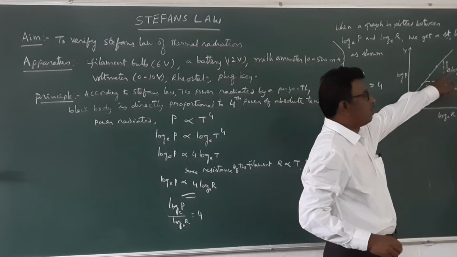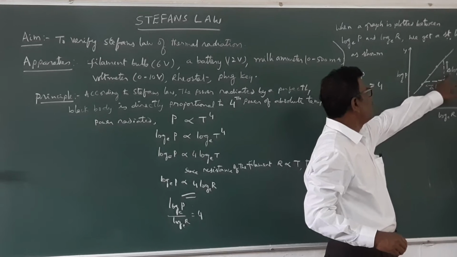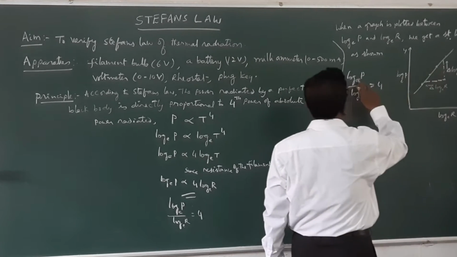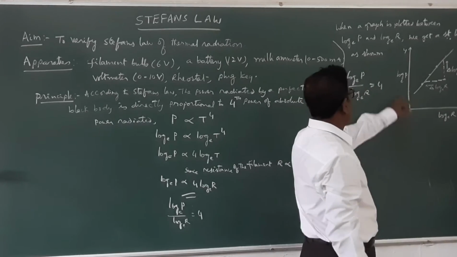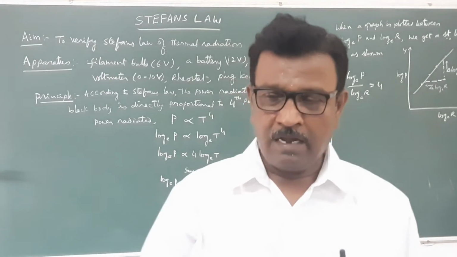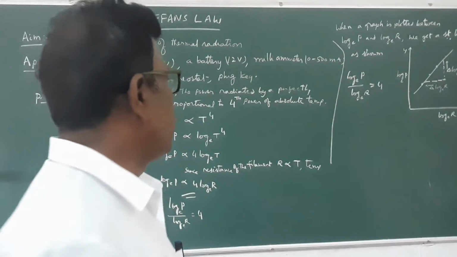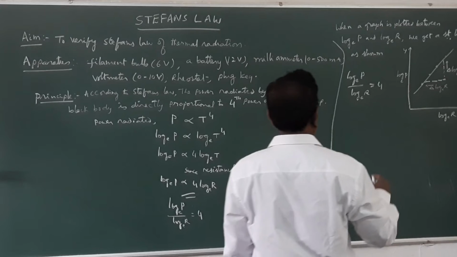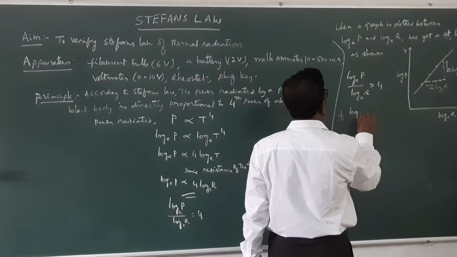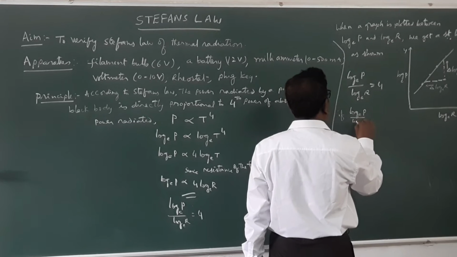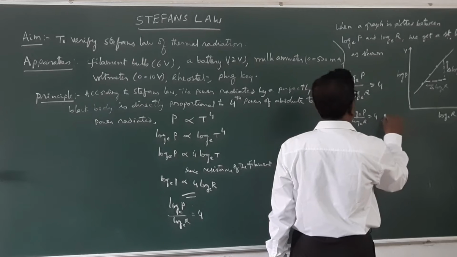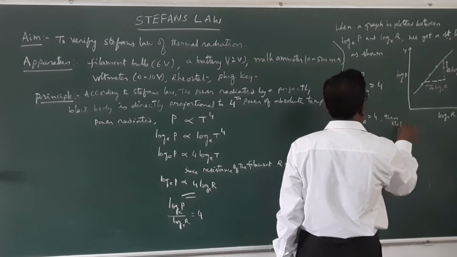Therefore, if we find the slope of the graph, delta log P by delta log R, and that value is equal to 4, then it will verify Stefan's law.